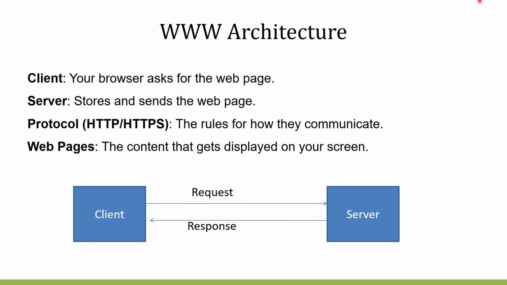Example, when you type a URL, your web browser sends a request to the server to get the page. Servers are special computers that store web pages and send them to clients when requested. Example, when you visit a website, the server sends the web page to your browser so you can see it.